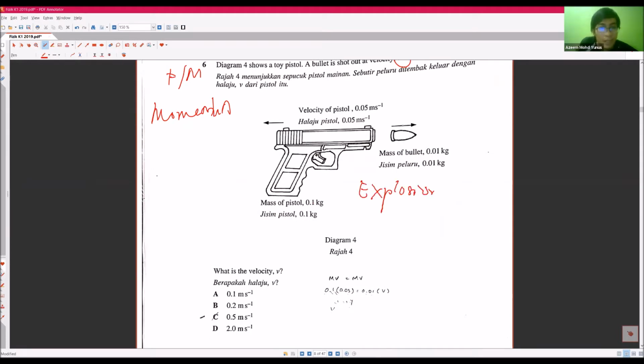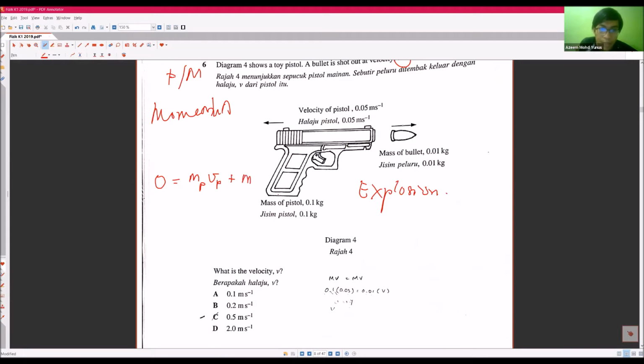Basically, the initial total momentum is 0, because both the pistol and the bullet are at rest, thus neither has any momentum. But at the end, the pistol has a velocity and the bullet also has a velocity.